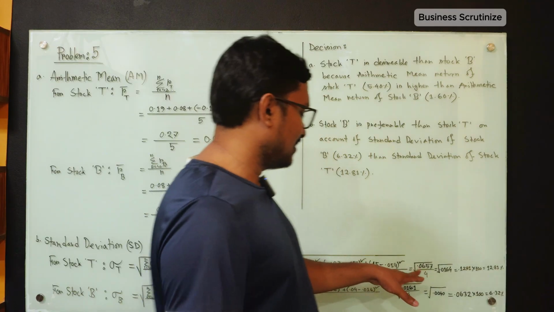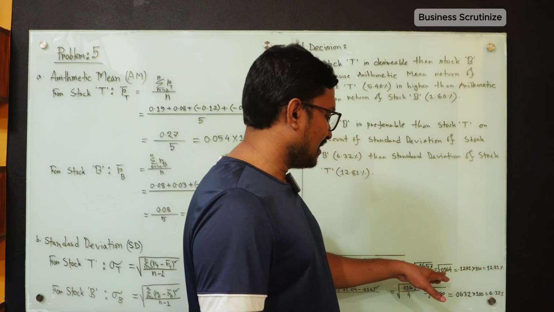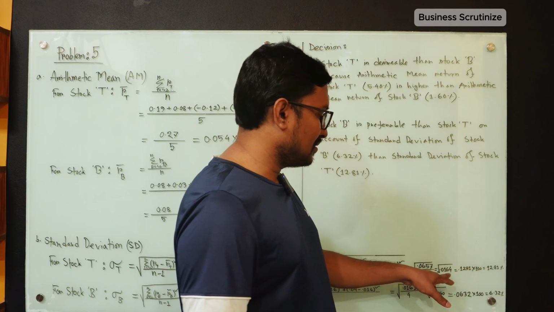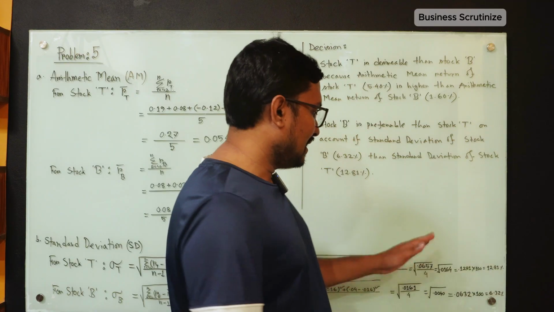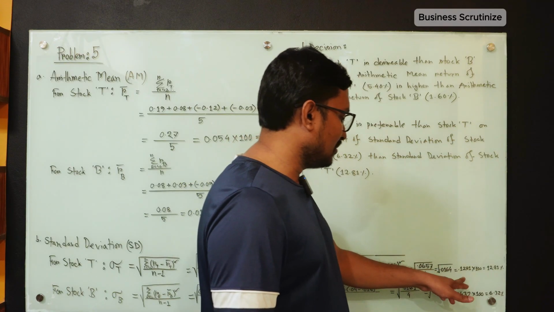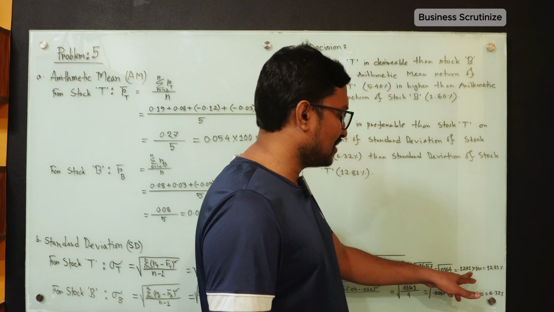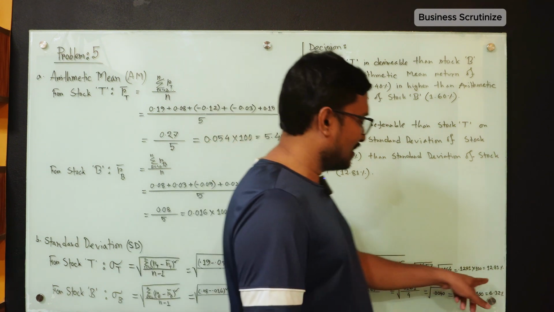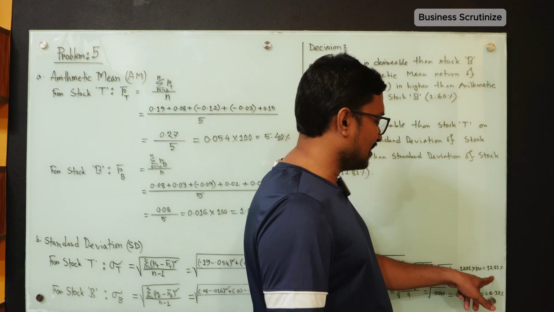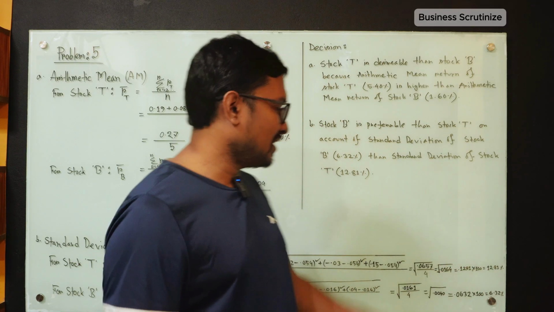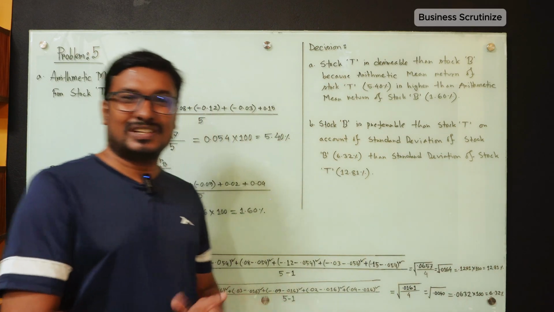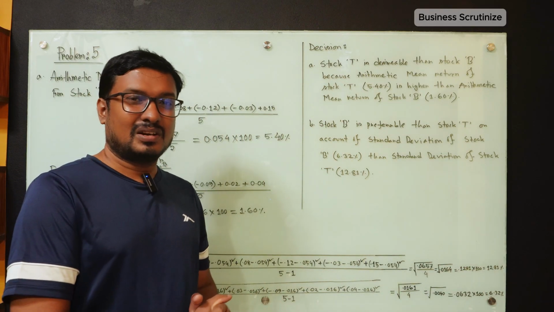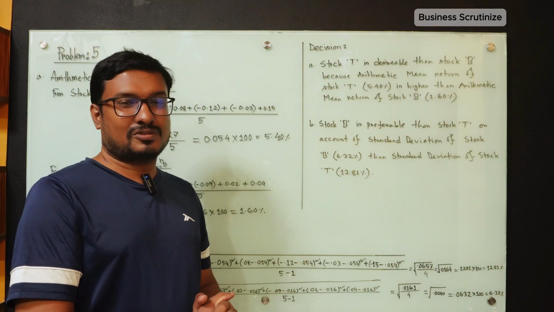After division we have 0.0164, and after the square root the value is 0.1281. To show it as a percentage we multiply by 100. So lastly we get 12.81%, which is the standard deviation, or the risk, of stock T.